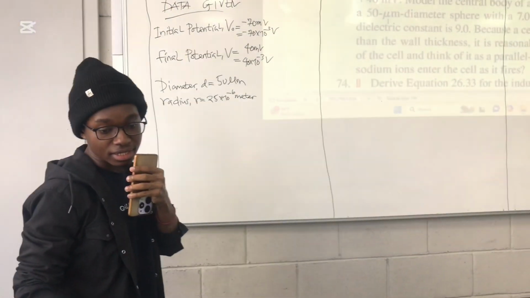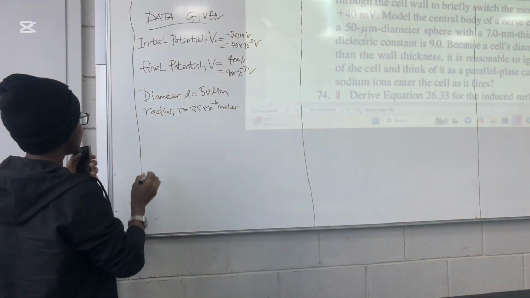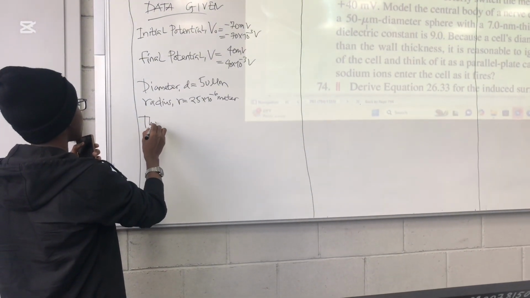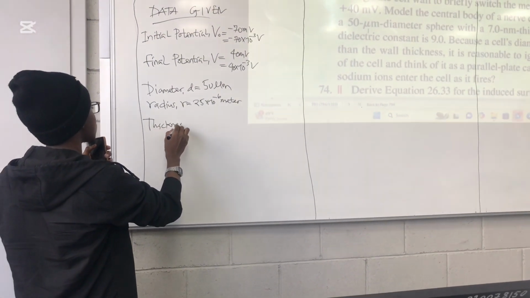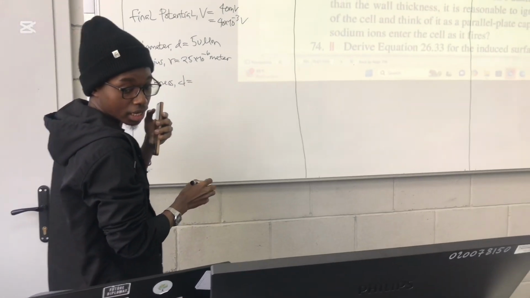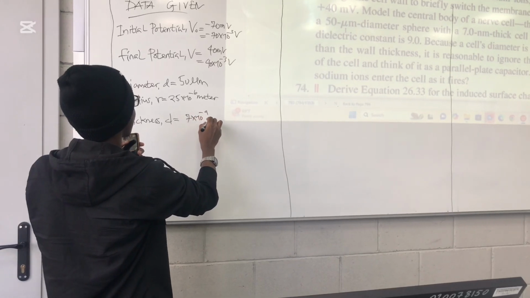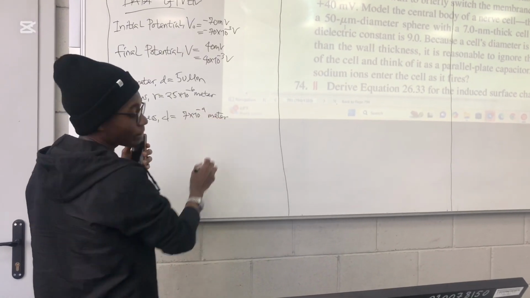But also another data is the thickness of the cell wall, which was 7 nanometer. You can call it d, is equal to 7 nanometer. So it is 7 times 10 power negative 9 meter.